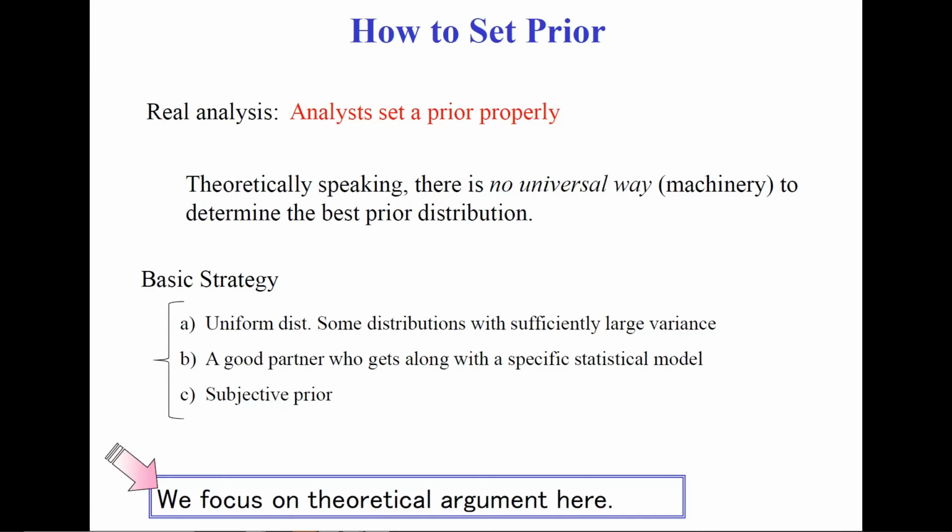The third one, if we have additional information on the parameter space, then we use a certain kind of prior information. According to this information, this kind of prior distribution is called a subjective prior. And here we briefly see the second one.